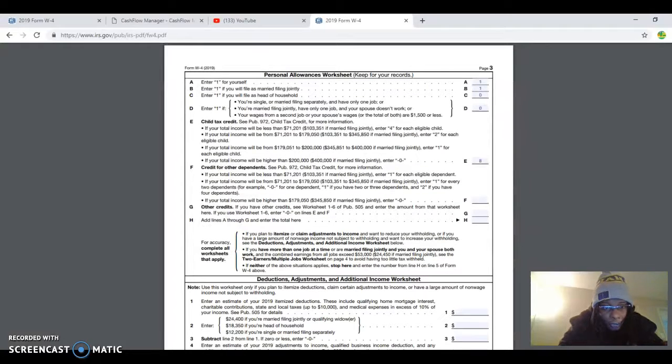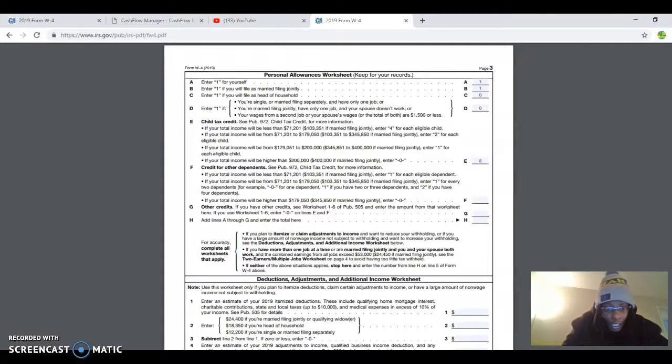So it says, if your income is less than 71,000 again, or 103,000 filing jointly, enter 1 for each dependent. If your total income will be 71 to 179,000 or 103 to 345,000 married, enter 1 for every 2 dependents. For example, 0 for 1 dependent, 1 if you have 2 to 3 dependents, and 2 if you have 4 dependents. So that's how that went.